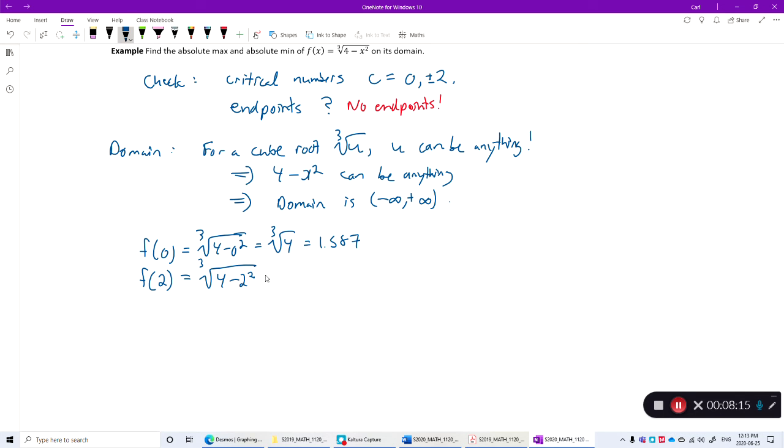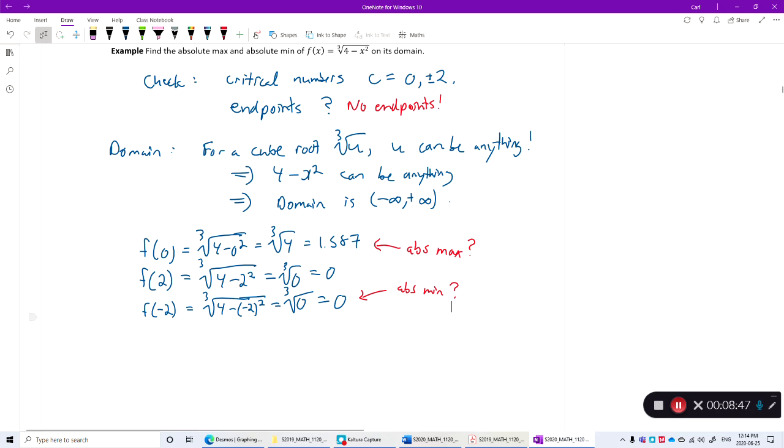So that's the cube root of 0, which is 0. And for minus 2, I think it's going to be the same, right? Because it's x squared. So that's also cube root of 0. Okay, so now at this point, it looks like this maybe is the absolute max, and then 0 is an absolute min, right?